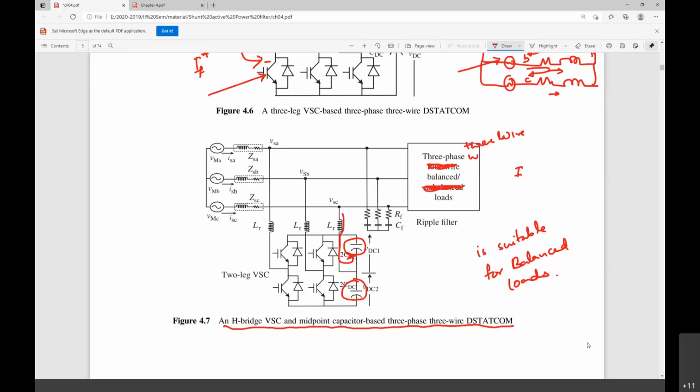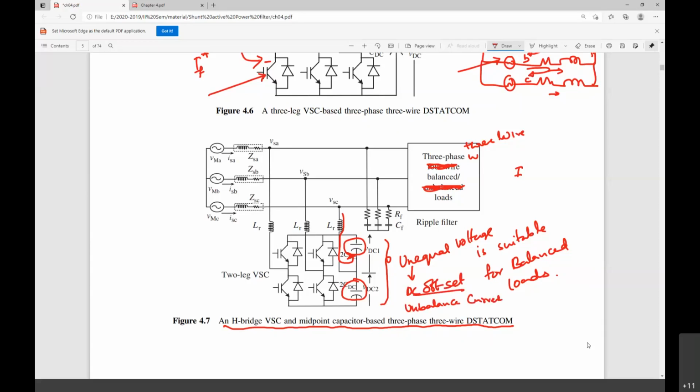Maybe you have studied the different types of multilevel inverter topologies, especially the neutral clamped topology. One of the problems with the neutral clamped or midpoint capacitor topology is unequal voltages. These unequal voltages in the capacitors appear majorly when a DC offset current flows, or when there is an unbalanced component of the current.